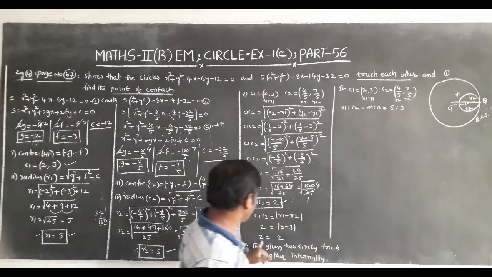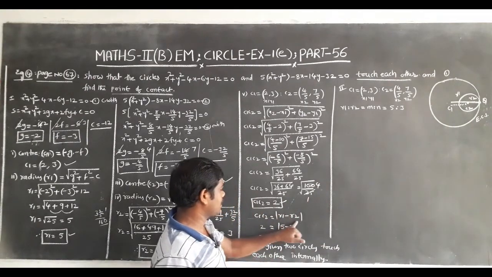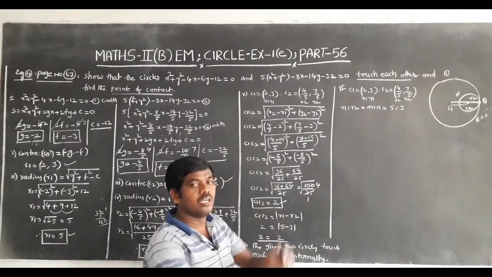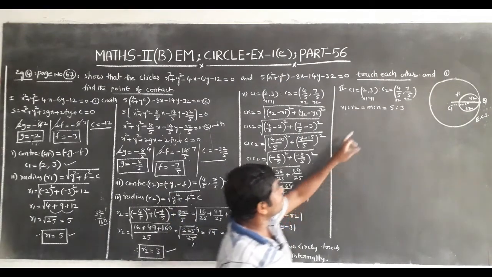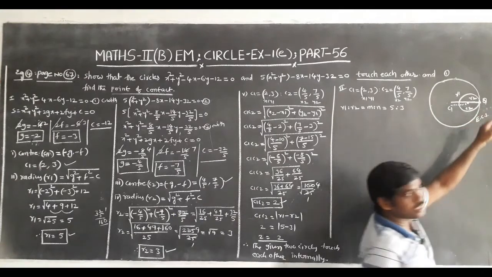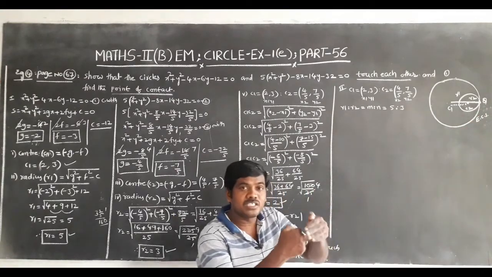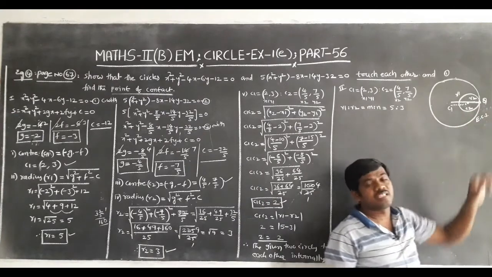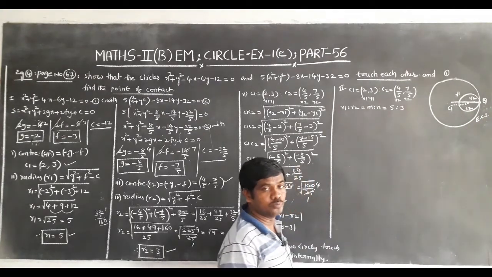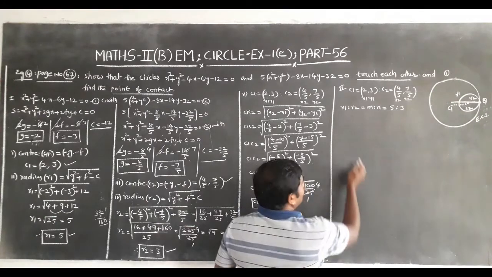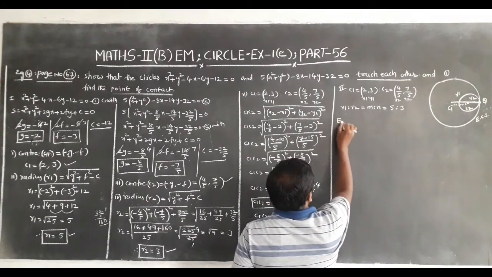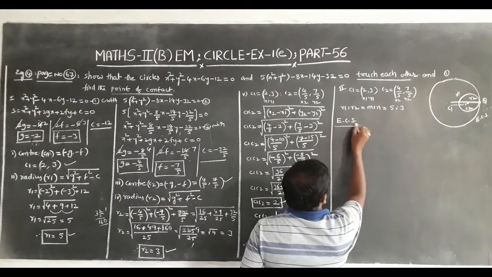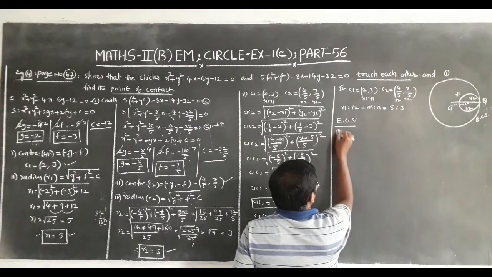If C1C2 is equal to R1 minus R2, the given two circles touch each other internally. Second one is the point of contact. If the two circles touch each other internally, the point of contact is the external center of similitude.